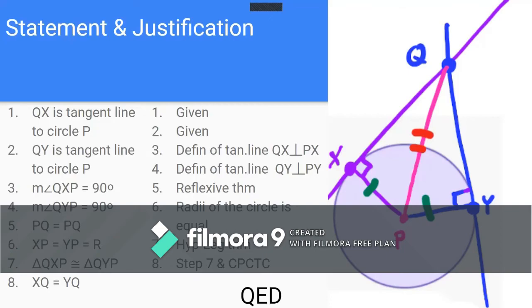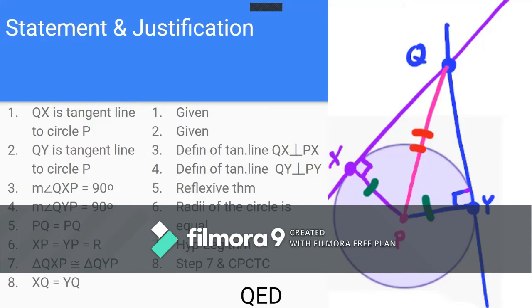They can go to whatever side. Let's say XP is, for example, 6 centimeters. Do it again for PY, and that would be equal to 6 centimeters too.